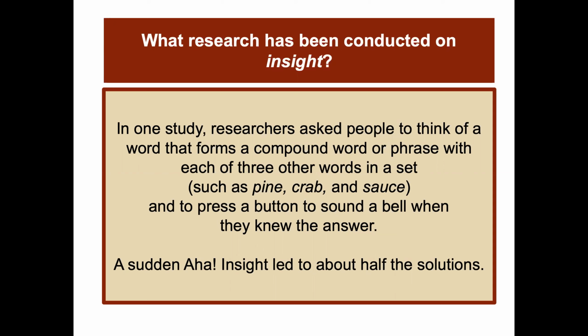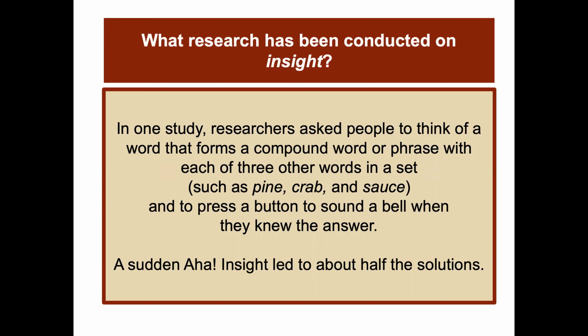In one study, researchers asked people to think of a word that forms a compound word or phrase with 3 words, such as pun, crab, and sauce, and to press a button to sound a bell when they knew the answer. And it seemed like a sudden aha insight led to about 50% of the solutions when this research was conducted.